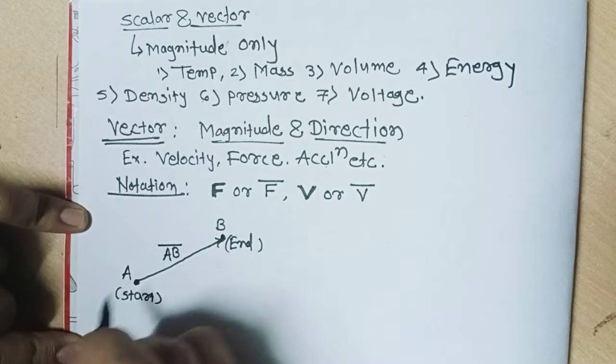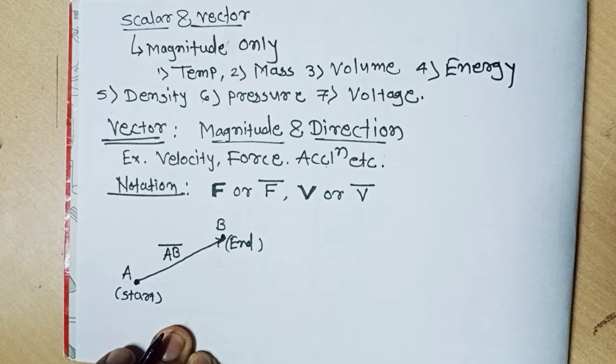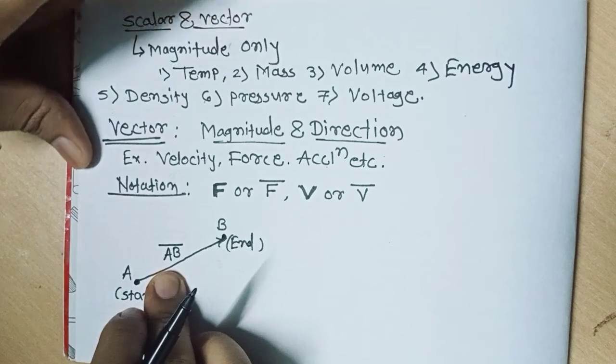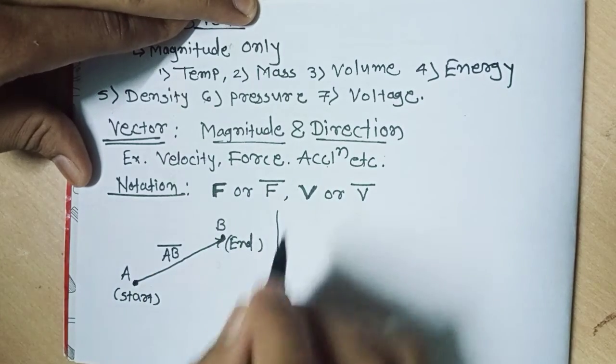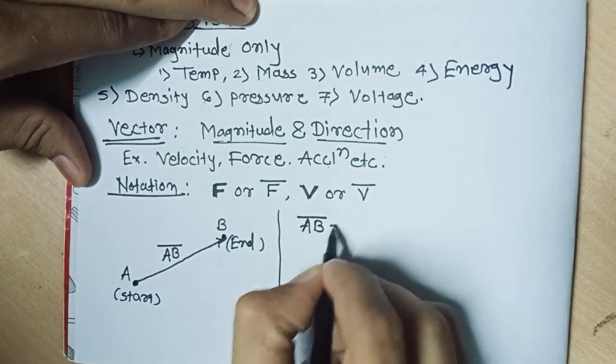This is how the vector is represented. Now for this vector AB bar, we will define it.